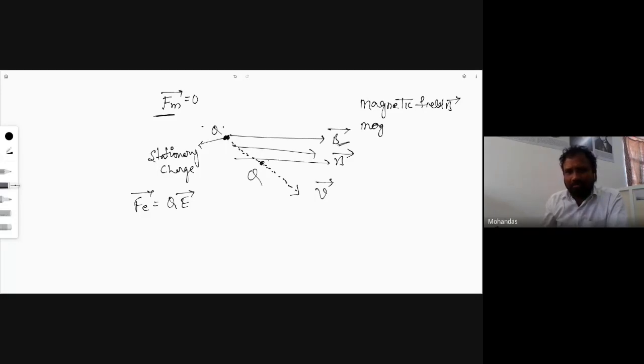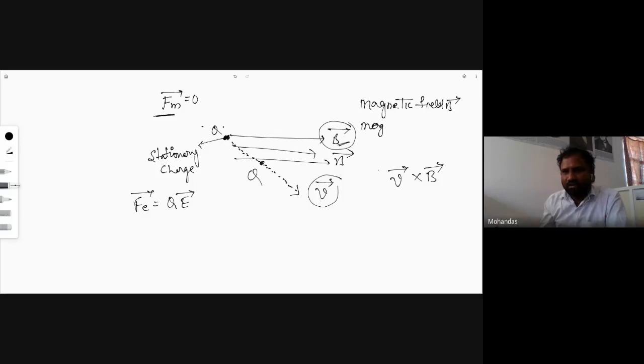Can you guess what will be the force direction? This is a vector, the velocity is a vector, and the magnetic field intensity is also a vector. That force can be calculated by using a cross product, V cross B.